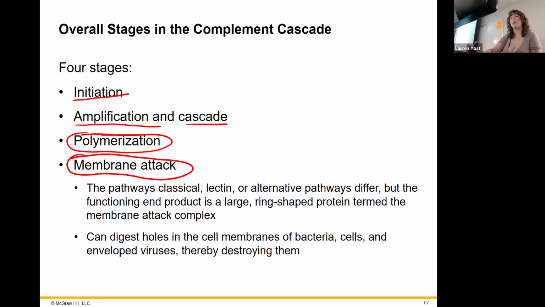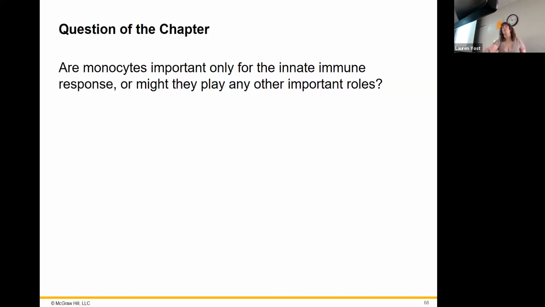I do want to say, we'll get into it next time. So here's your question for your picture. Are monocytes important for the innate immune response, or might they play any other important roles? Well, we didn't go over it much in this chapter, but monocytes, because they are phagocytes, as well as macrophages and neutrophils, break down the bad guys, right?